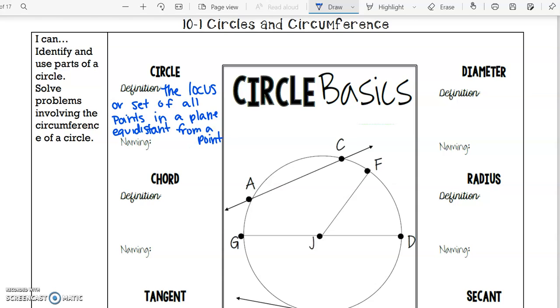And so actually a circle is really made up of just a bunch of teeny tiny points that are equidistant from that center point. And so we name this by its center point, and so it's either circle J or with the symbol circle and then J.